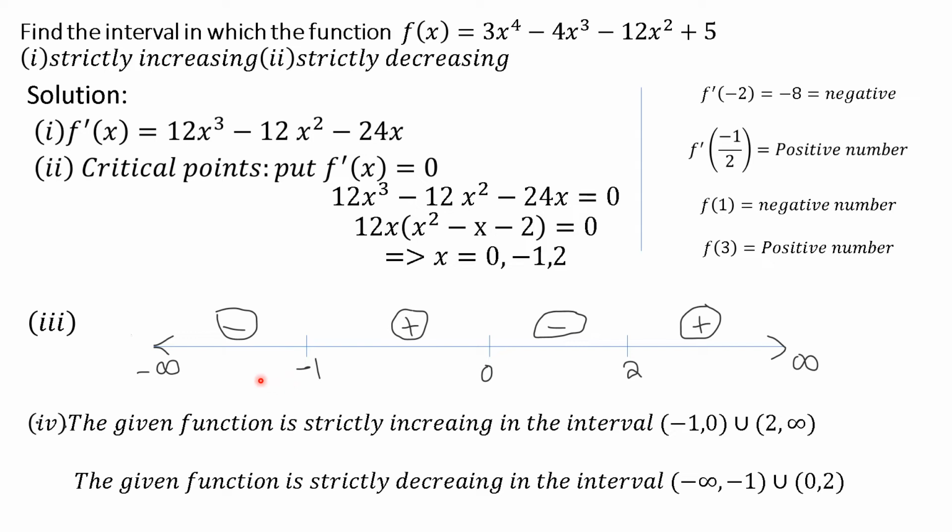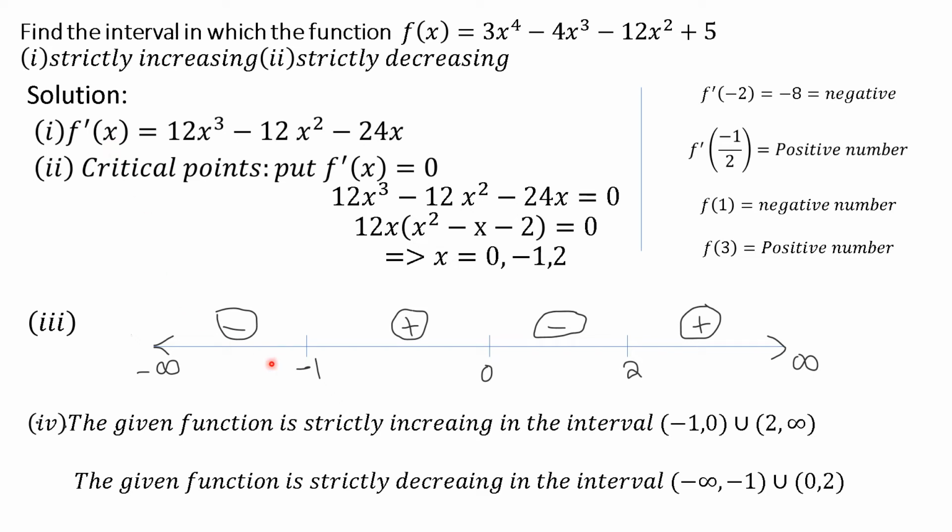Next step: in the interval minus infinity to minus 1, you can take any number, substitute that number here, and check the sign of the expression, whether it is positive or negative.